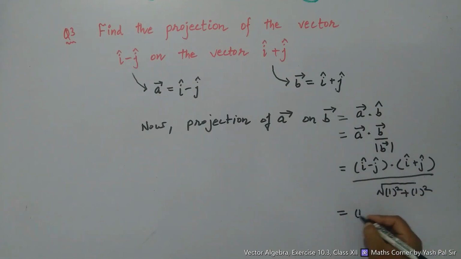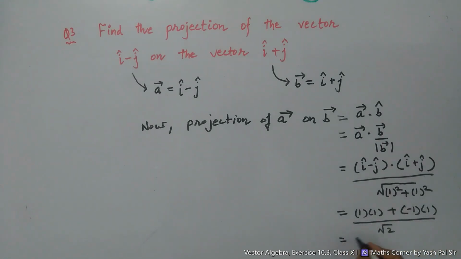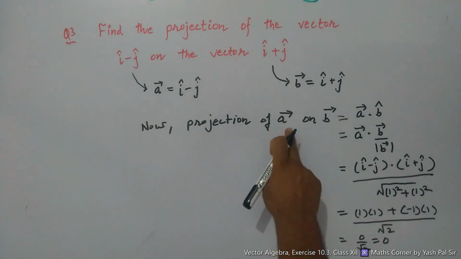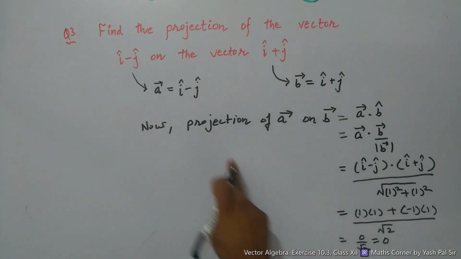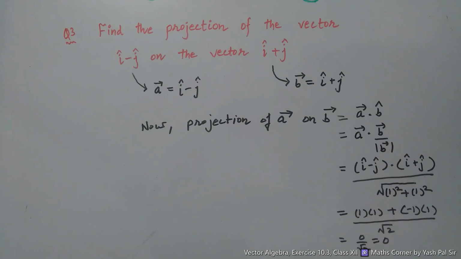So 1 into 1 plus, the coefficient of j is minus 1, coefficient of j is 1, divided by square root of 2. So this becomes 1 minus 1, 0 upon square root 2. So 0 upon something is equal to 0. So the projection of vector A on vector B is equal to 0.